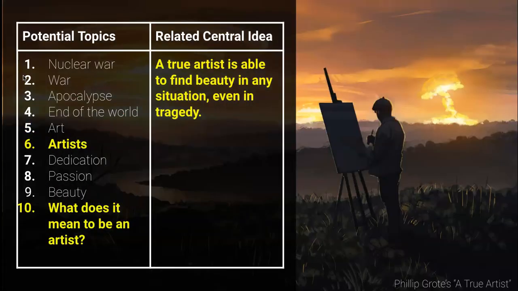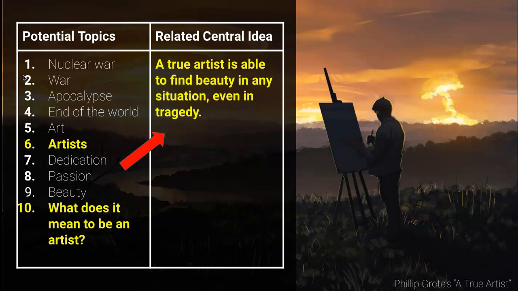Some more examples. So we can take artists, or what it means to be an artist, those kind of mean the same topic, and we can come up with this central idea. A true artist is able to find beauty in any situation, even in tragedy. And if you notice from all these central ideas that I've just given you, they're all general, right?